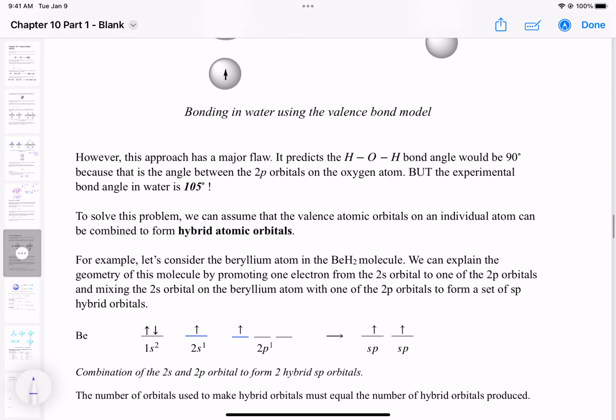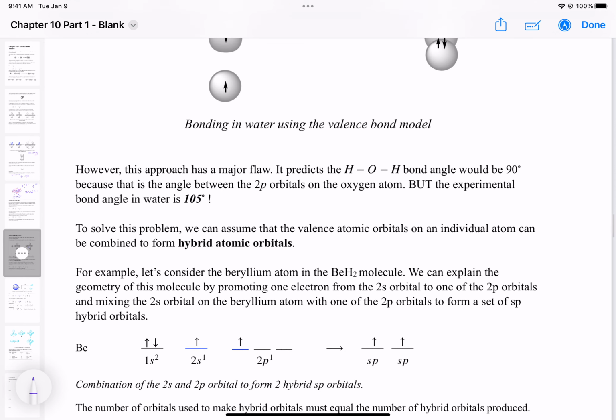So to solve this problem, we can assume that the valence atomic orbitals on an individual atom can be combined to form hybrid atomic orbitals. So oxygen can form orbitals by combining.